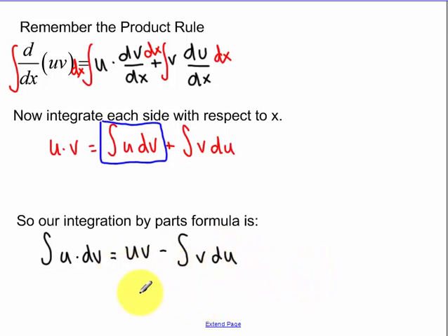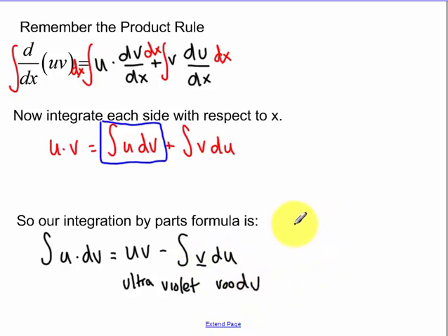And a way that's going to help you remember this is a really stupid saying, ultraviolet voodoo. Okay, I think I spelled voodoo right? Voo is the v, and then du.